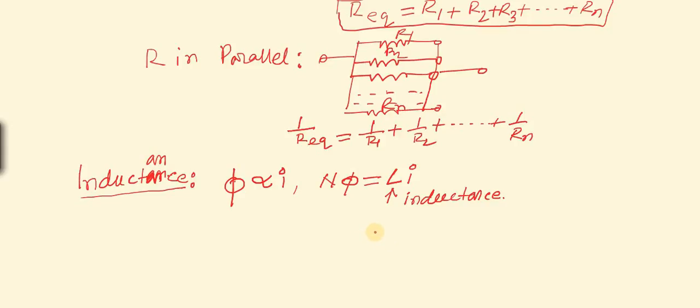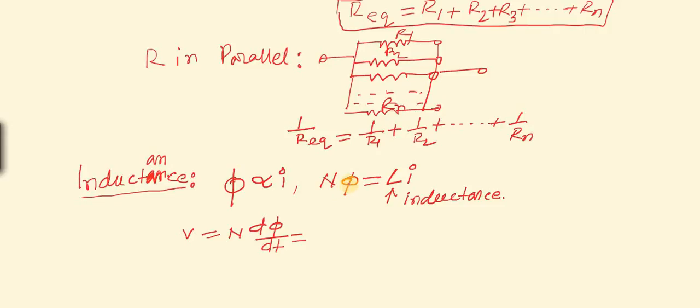Now from Faraday's law we know already that a voltage is induced in any coil if there is a rate of change of flux, and that Faraday's equation we can write as induced voltage V is equal to N d phi by dt.